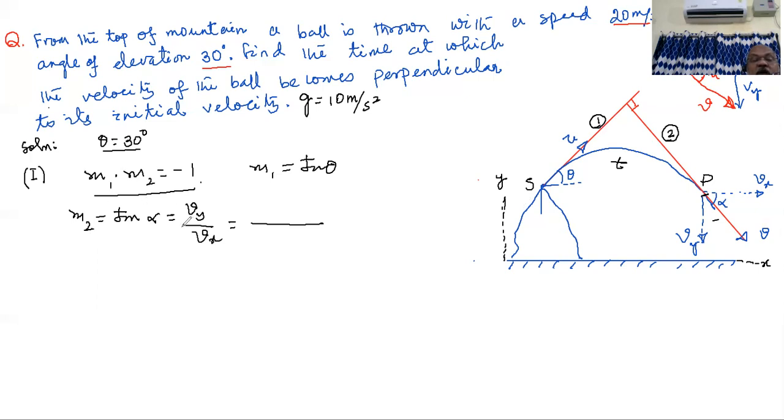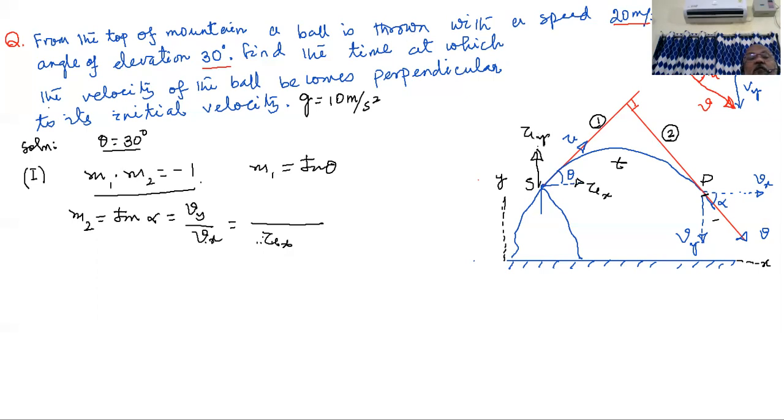So in place of Vx, if I write Ux, that is initial velocity x component, we know that must be true. Of course, we have to break down initial velocity into its x and y component. So we modify the diagram accordingly. So initial velocity is u, its x component is ux, y component is uy.